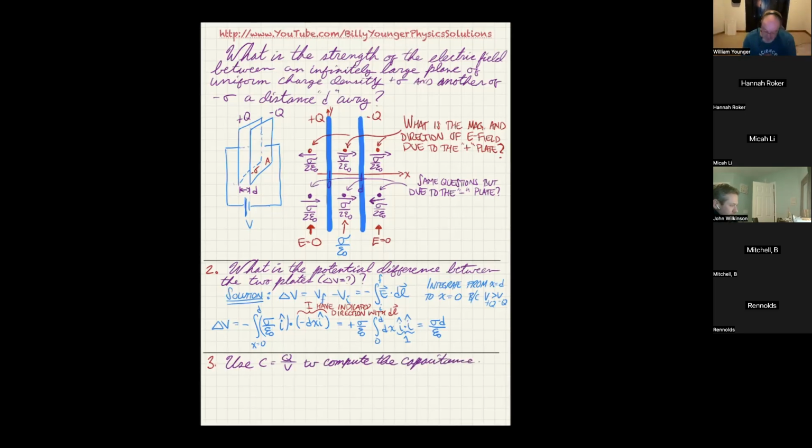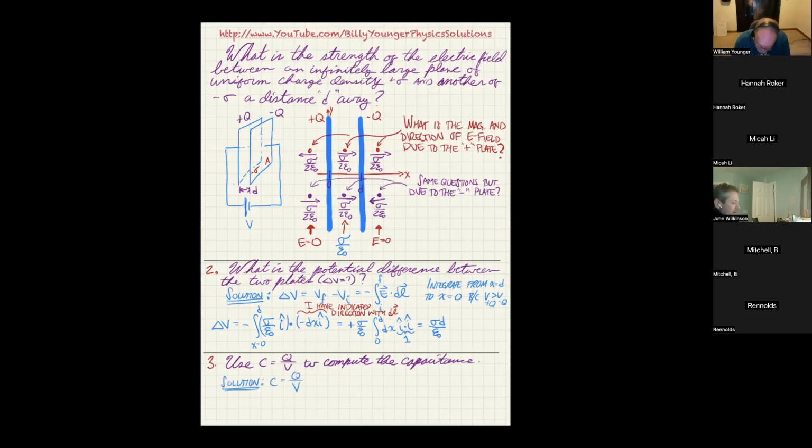Okay, so that's the third part of the paradigm. It's really easy. All we've got to do is this. C is equal to Q over V.